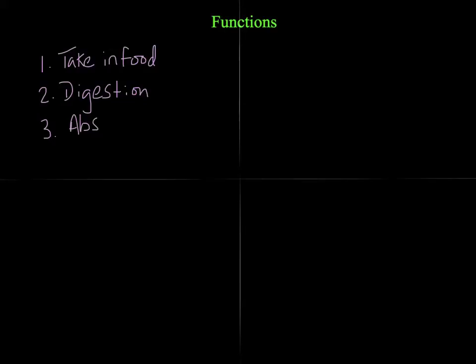There are 5 functions of the digestive system. The first function is to take in food. Once you have taken in food, you must break the food down into smaller substances. We call this process digestion. Once food is broken down into smaller substances, the cells need to absorb it.